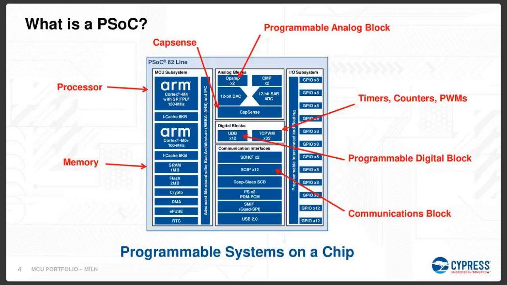If you needed something unique, like a unique interface, you can use the UDB to implement that logic in that block. If you needed something simple, like a CPLD, where you have combinatorial logic or sequential logic, or you needed flip-flops, you can also use UDBs for that.